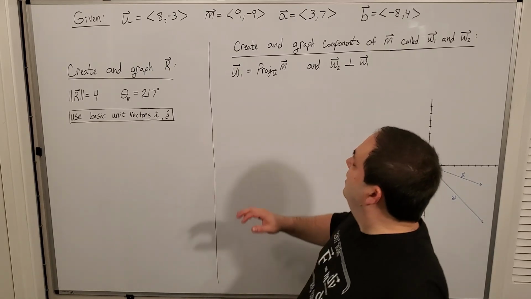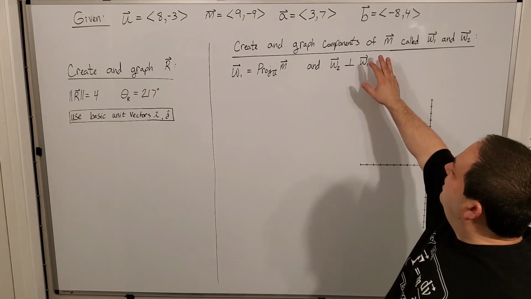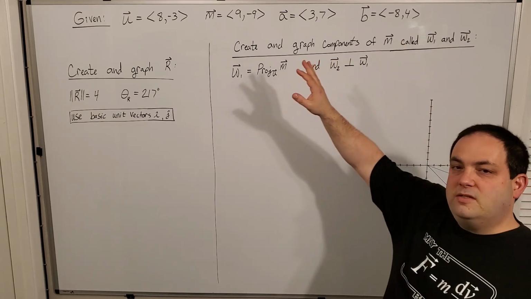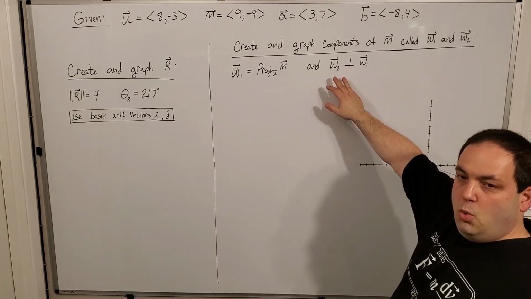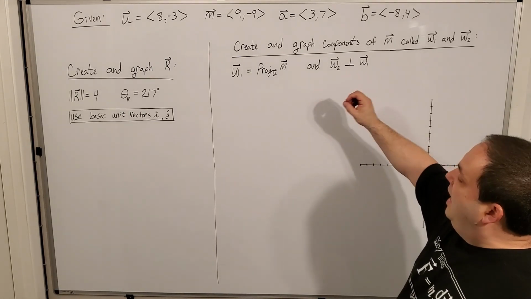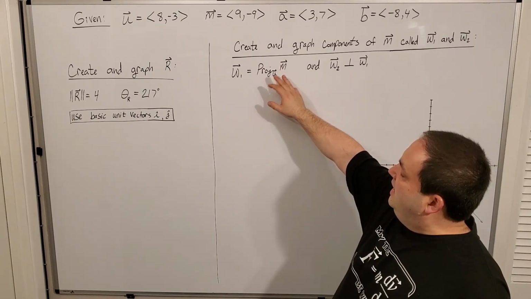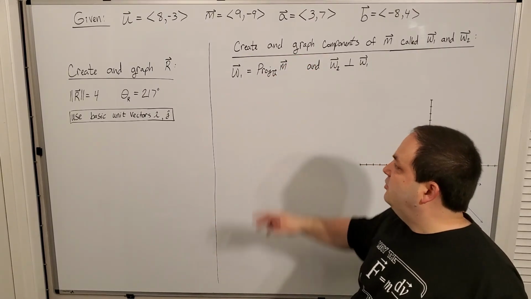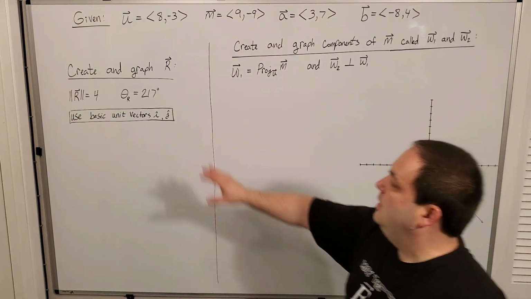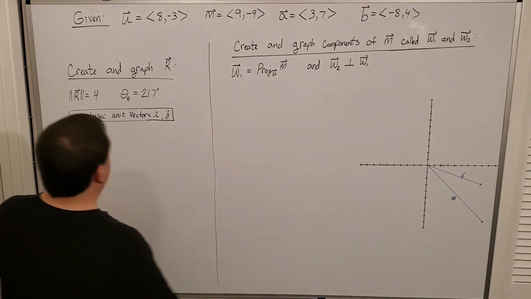Okay, and then we have another one where I'm breaking vector m into its two components, where you always want components to be perpendicular, and one of those components is the projection of m into the other vector u. Okay, so let's start with vector r here.